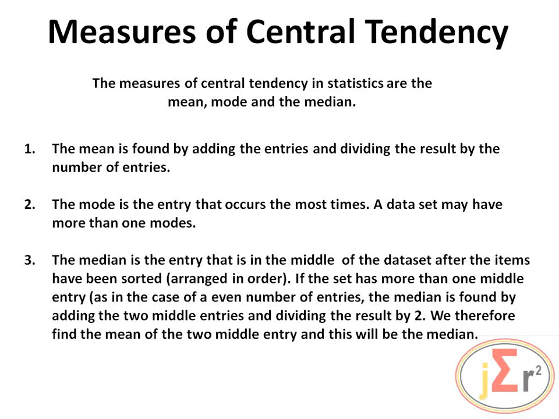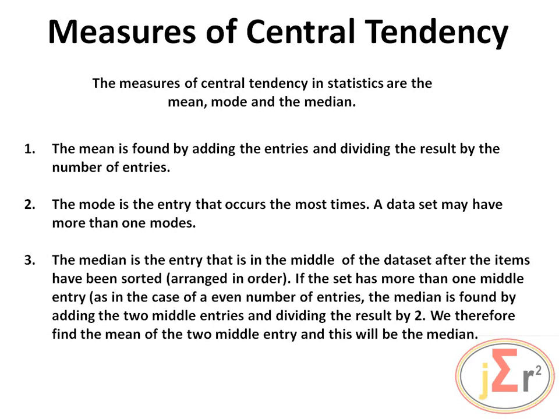If the set has more than one middle entry, as in the case of an even number of entries, the median is found by adding the two middle entries and dividing the result by 2. We therefore find the mean of the two middle entries, and this will be the median. What are measures of central tendency really?